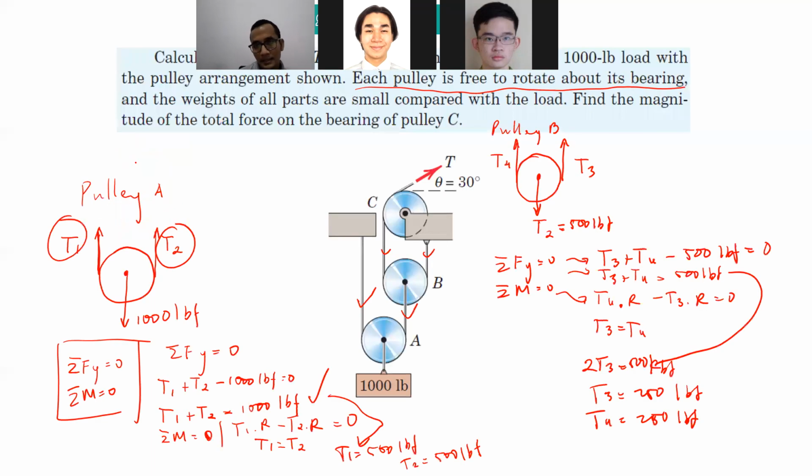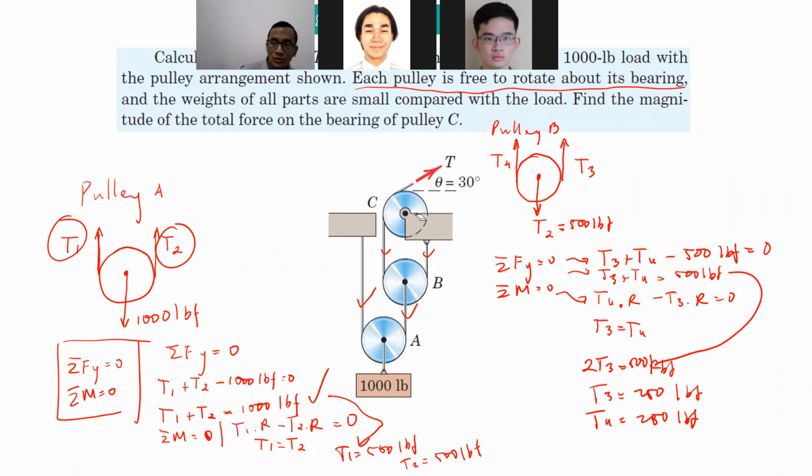And what type of constraint do we have there? Is it a pin or is it a roller? Or is it something else? Pin. Pin, okay.